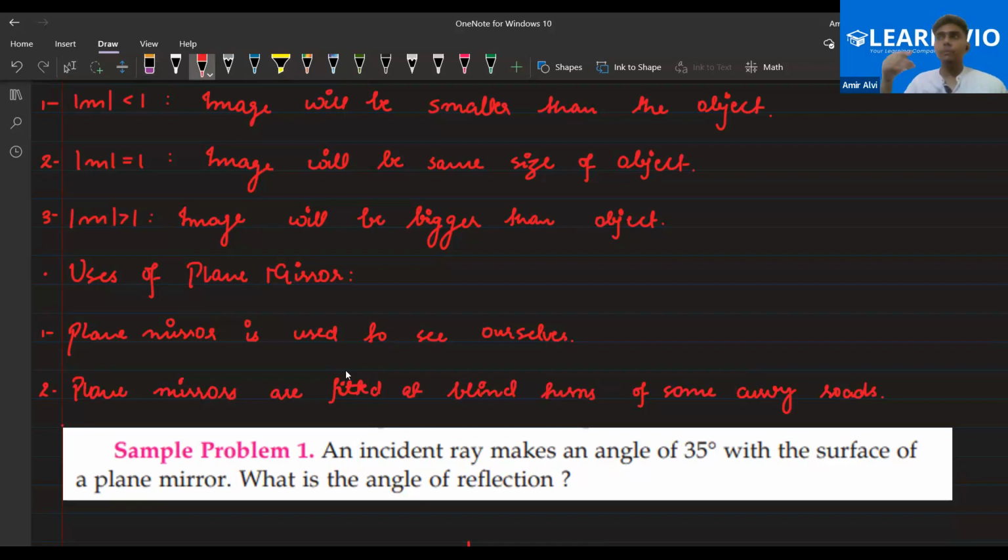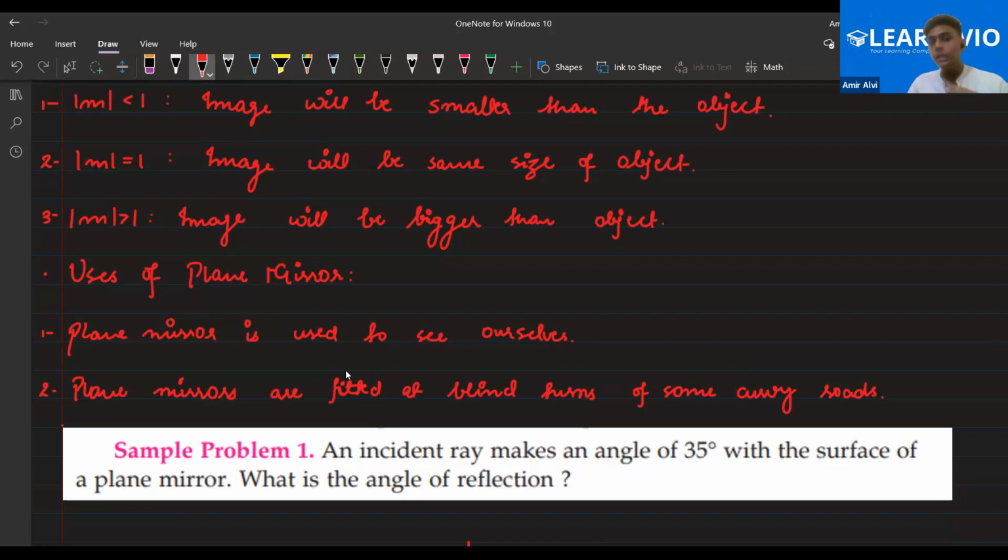So you must have seen when you travel on mountain roads, you'll observe that at the sharp turns, a kind of mirror is placed, so that the reflection of the coming object will be there in the mirror, so that we can see that the other object is coming and we can avoid the accident.